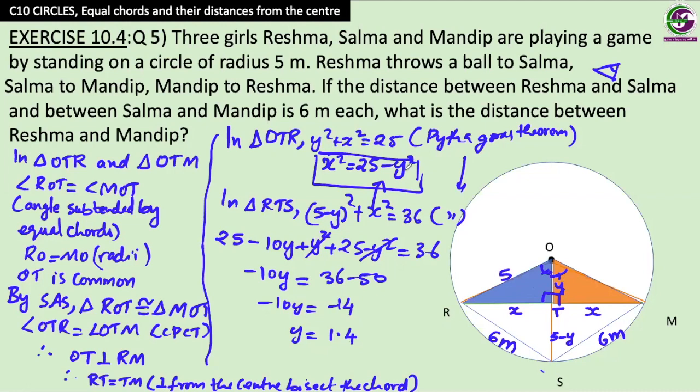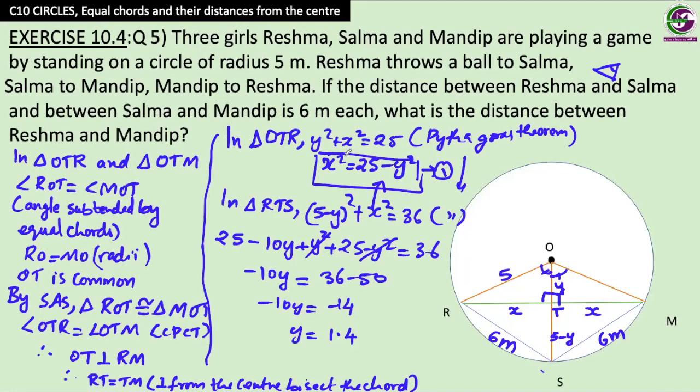So when you replace 1.4 in equation 1, we get x square is equal to 25 minus y square, 1.4 square, which is x square is equal to 25 minus 1.96, because you know 14 square is 196, or x square is equal to 23.04.